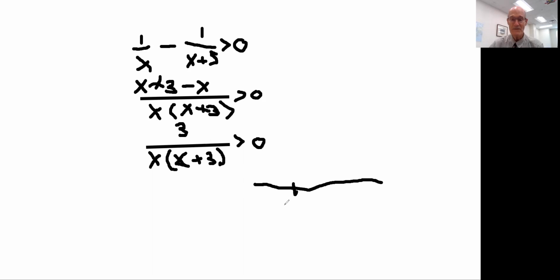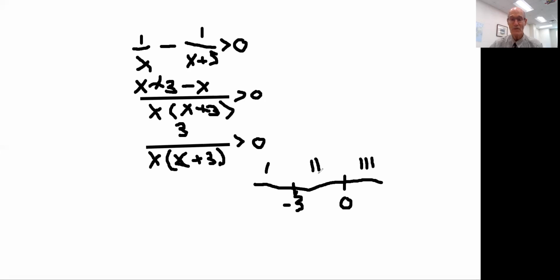So I have a minus 3 here. I have a vertical asymptote, so I have a point of discontinuity at x equals 0. I also have a point of discontinuity at minus 3. So I basically have 3 regions here: one region here, one region here, and one region over here.